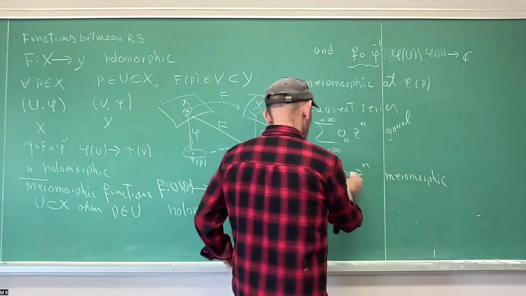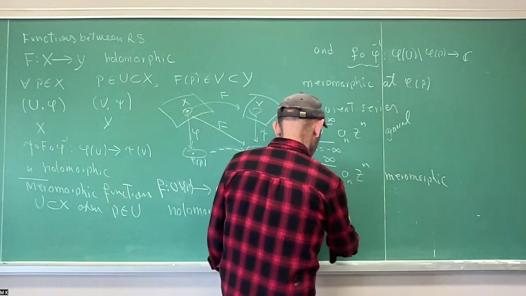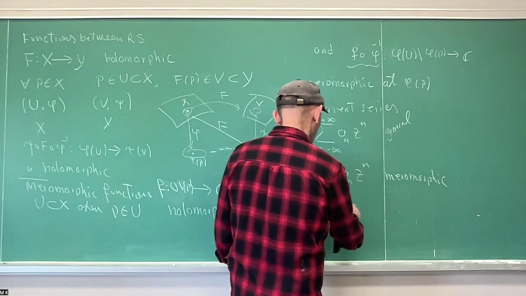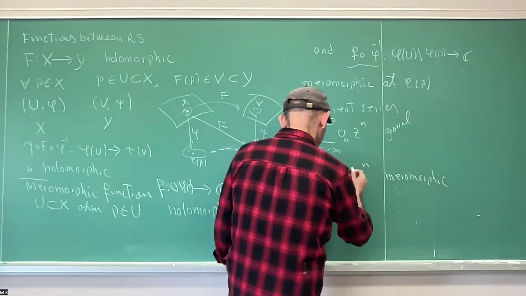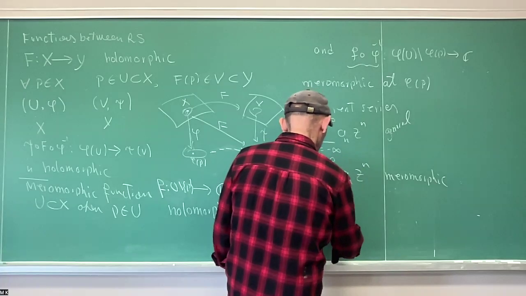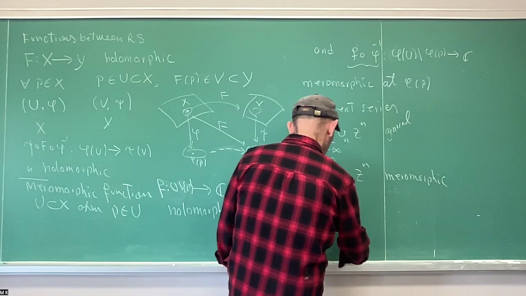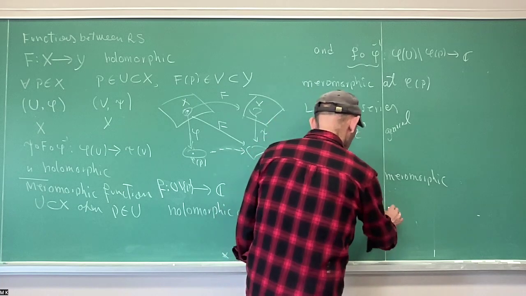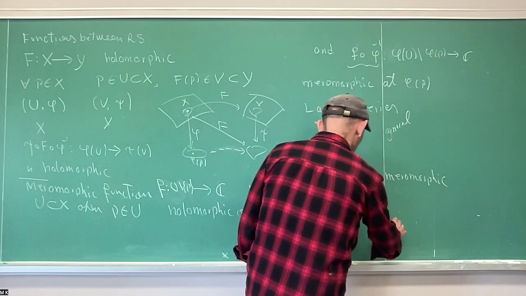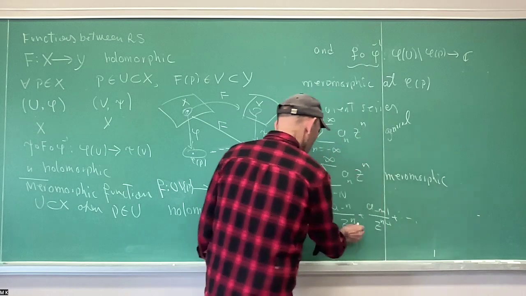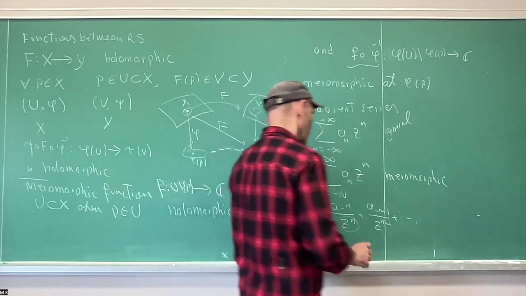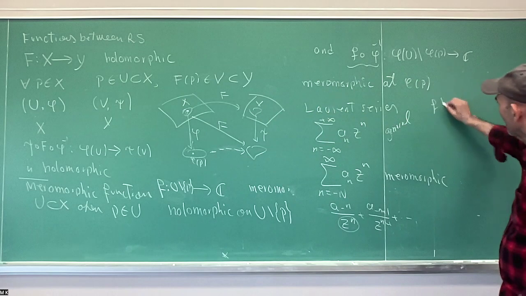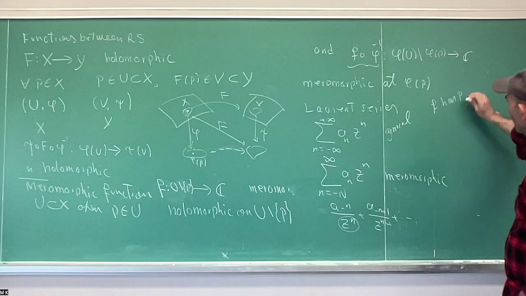So you can write it as a_{-N} z^{-N} plus a_{-N+1} z^{-N+1}, and so on. We call this a pole of order N. So we just say that f has a pole of order N.